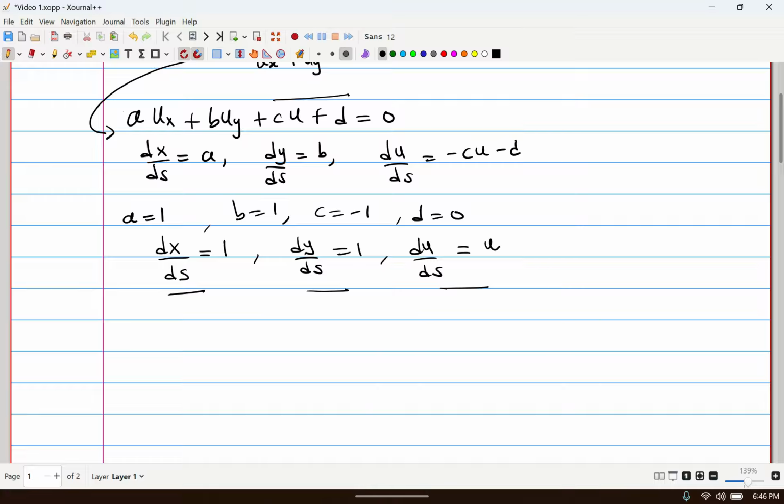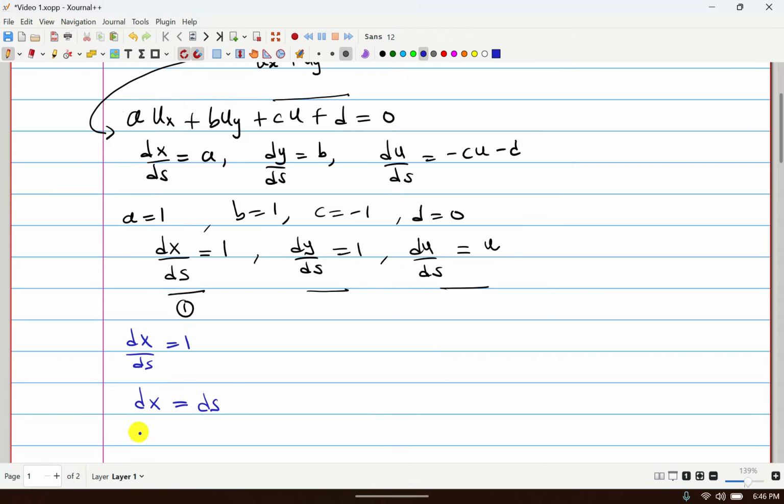Okay. So picking the first one, I'm going to solve that with a blue pen. So dx/ds is equal to 1. If you want to solve this ODE, I use the method of separation of variables, right? So you put all the x on one side and the s on the other side.